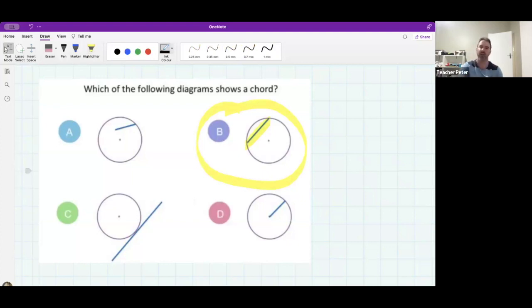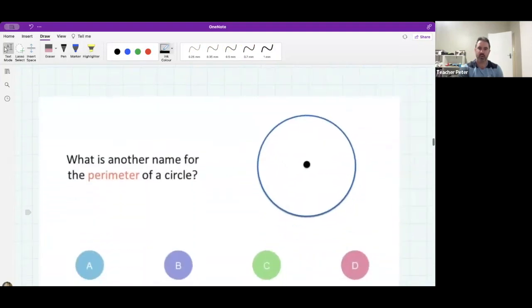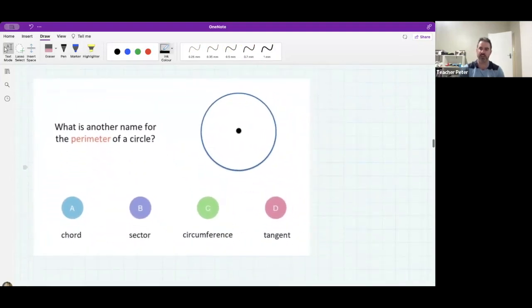Awesome. Okay, let's go to the next one. What is another name for the perimeter of a circle? Yeah, this is just going to be the circumference, because the fancy name for the perimeter of a circle is the circumference. Awesome. Okay, so that's fine there.